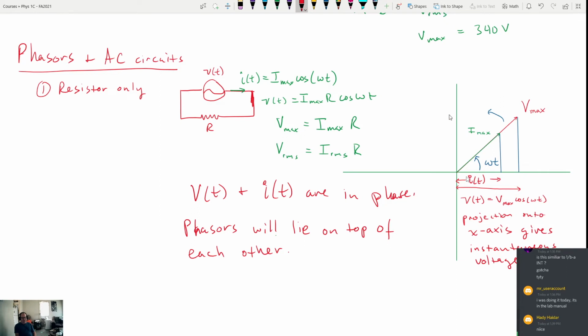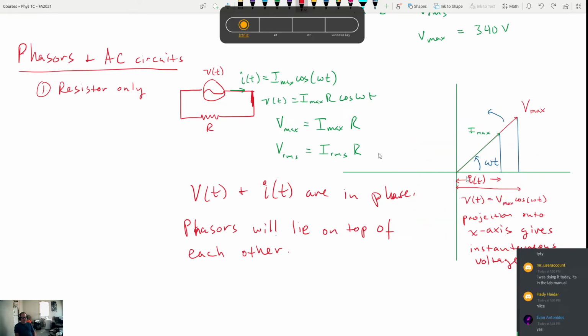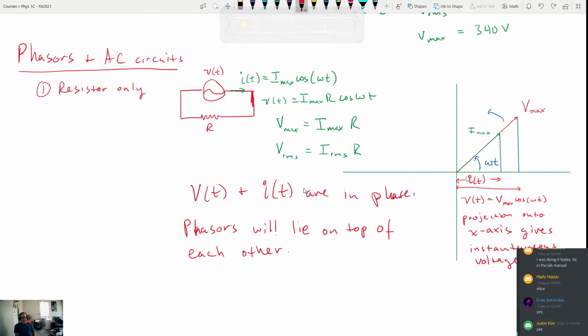And can you see how the rotation of this, as it goes around and around, at any moment in time, if you stop time, this phasor turns into basically this?